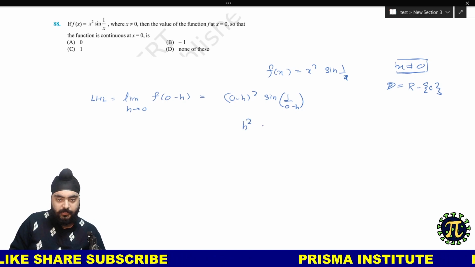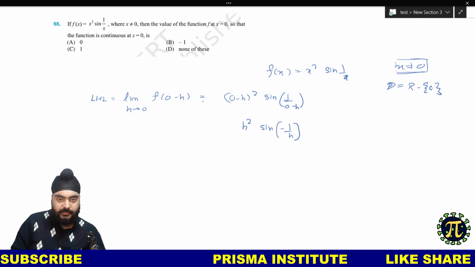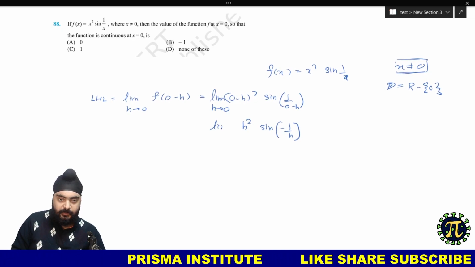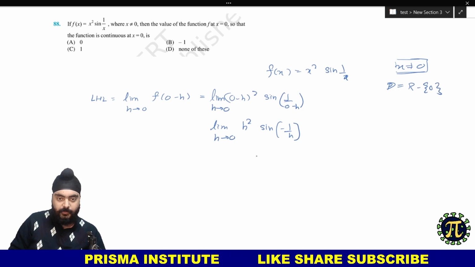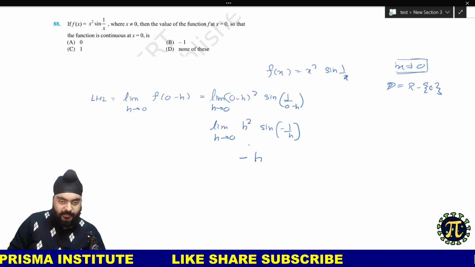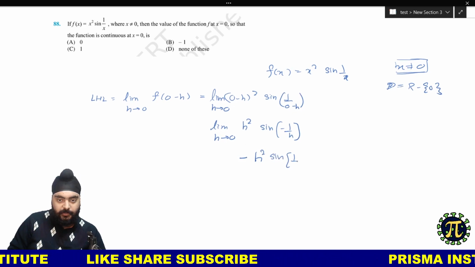This is h square into sine of minus 1 by h, with the limit as h approaches 0. The negative can go outside because h is some positive number, so sine of minus x is minus sine x.